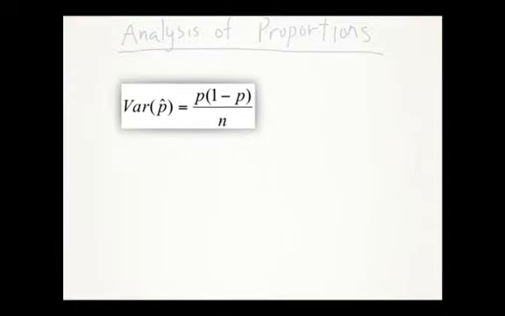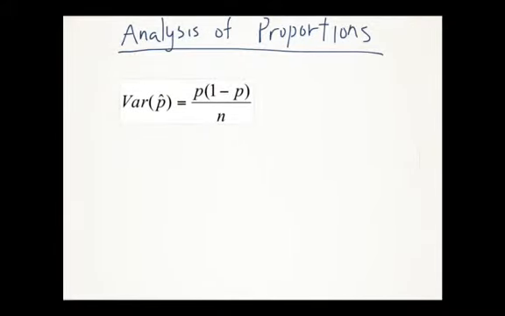Well, we have a couple formulas that we can show. Here, first let's focus on the notation, okay? So P is the population proportion. Don't get confused with the notation, because remember before when we were working with continuous outcomes, we always used Greek letters to denote population parameters.